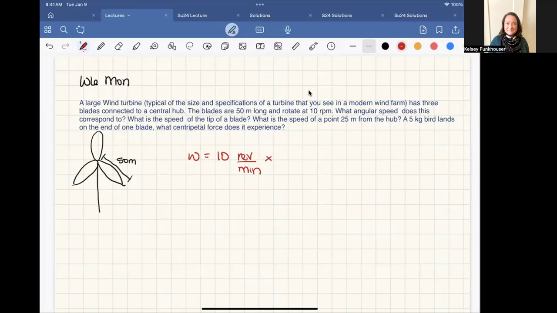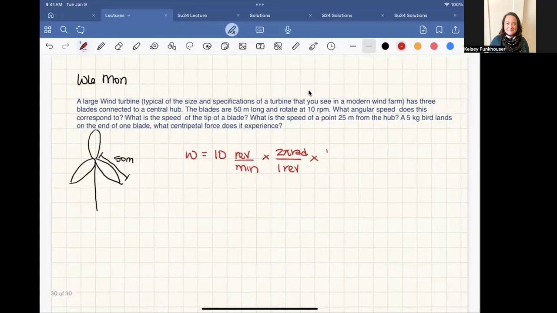So let's do that. Okay, so we have 10 revolutions per minute, and we remember that 1 revolution on the bottom, so it cancels, is 2 pi radians. And then to convert, 1 minute is 60 seconds.